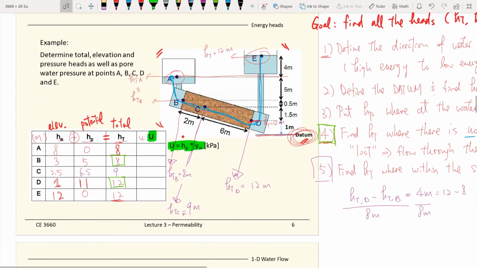So now we know the potential head, and we back calculate the water pressure. Oftentimes we do this in the field, a quick calculation on site. We go to the levees or the dams and read some piezometer measurements.